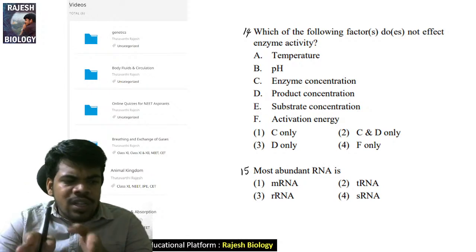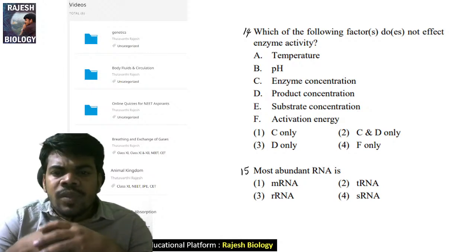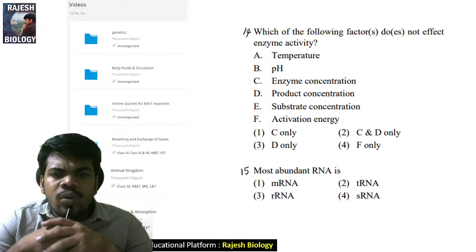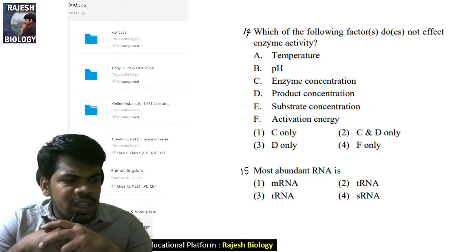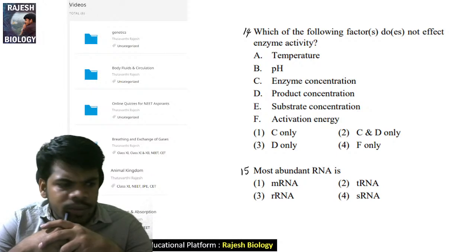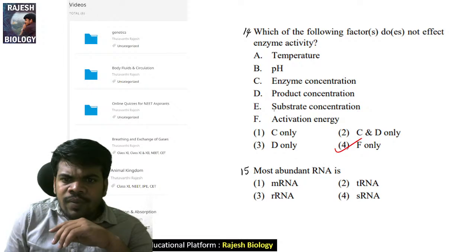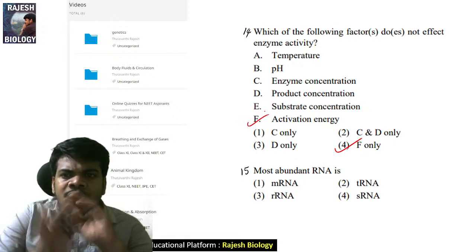In this, one is not going to affect the enzyme activity. Only C? Enzyme concentration is not going to affect the activity. Or only D? Yes, perfect, Jnaneshwari. F only. Activation energy does not affect.